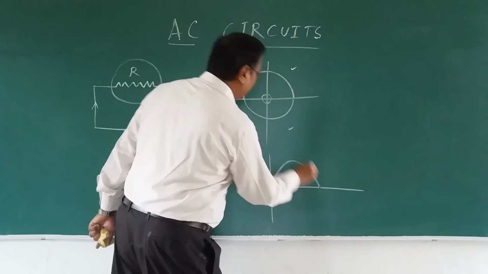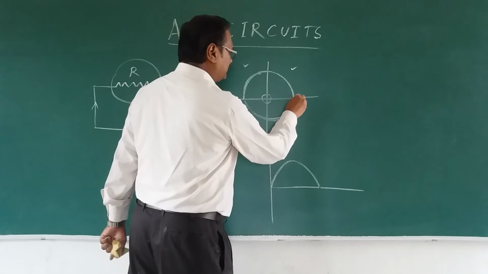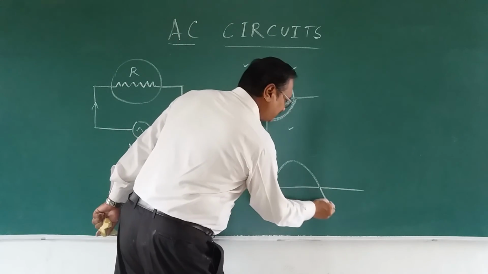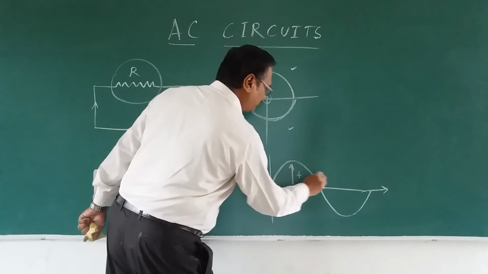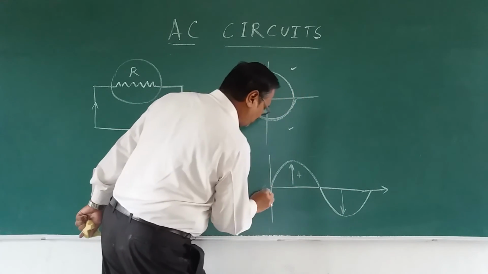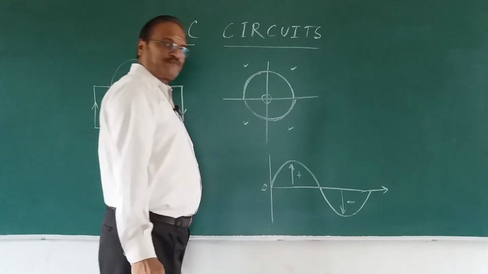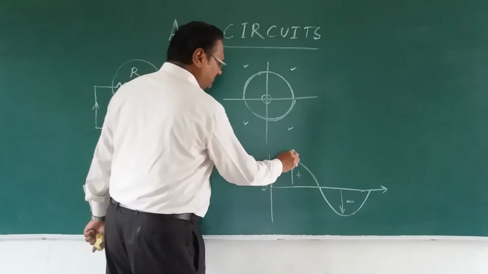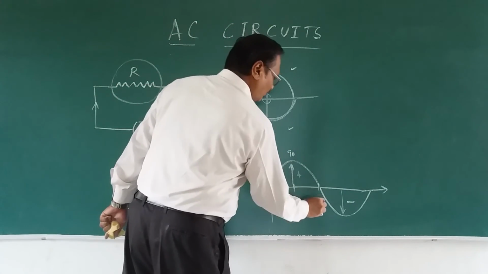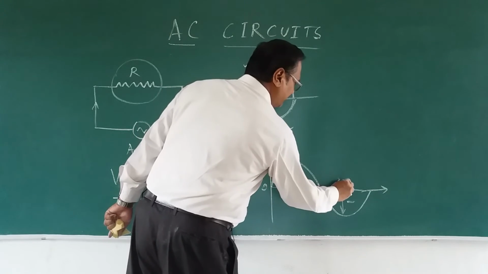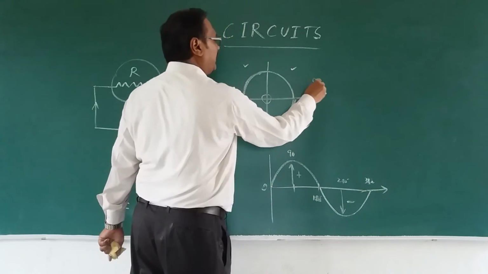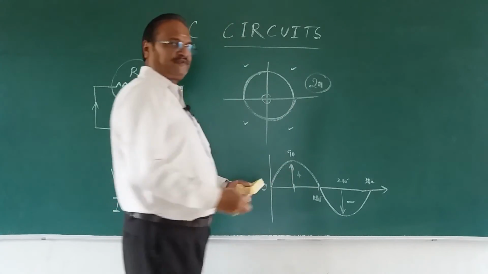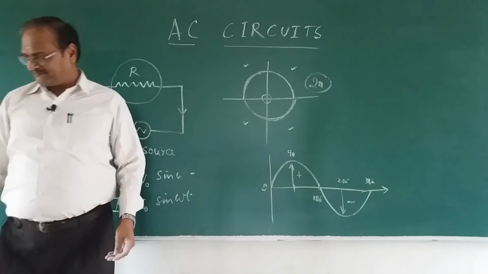And from here to here, which is below, I shift it like this. So this becomes positive and this becomes below 0, it becomes negative. So the degrees are 0 degree, 90 degree, 180 degree, 270 degree and 360 degree. So that is why 2 pi comes in the equation. You have to keep this in mind.